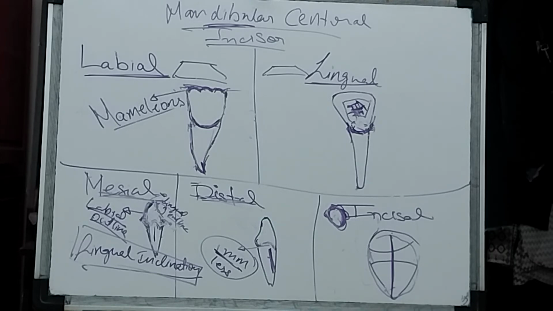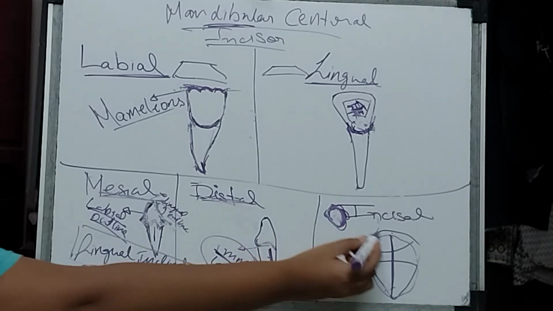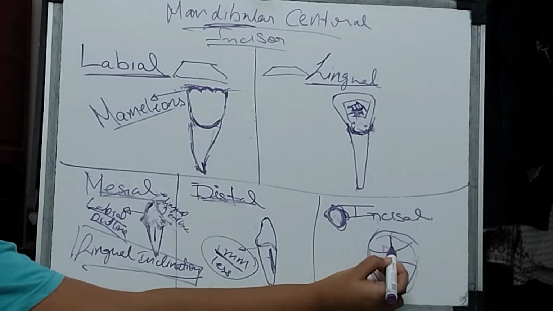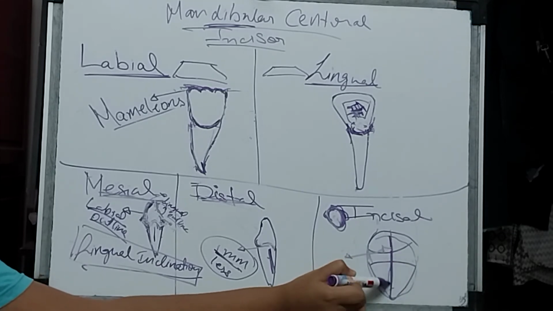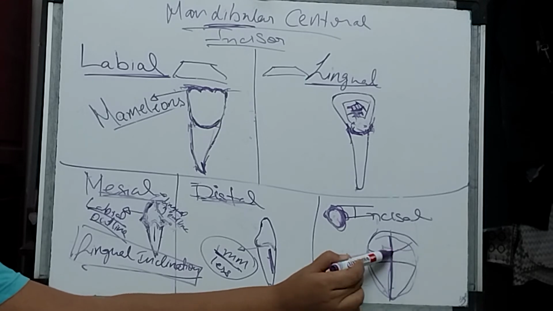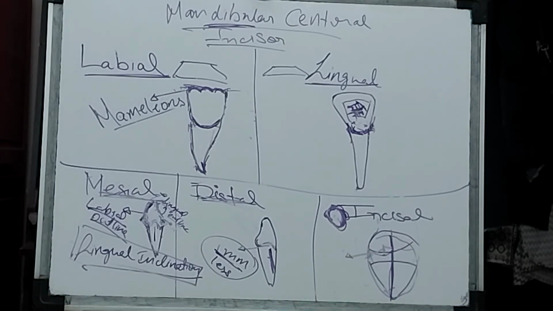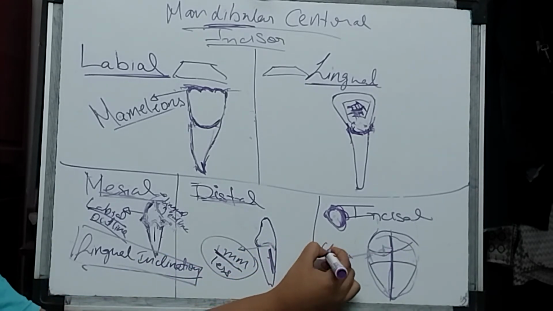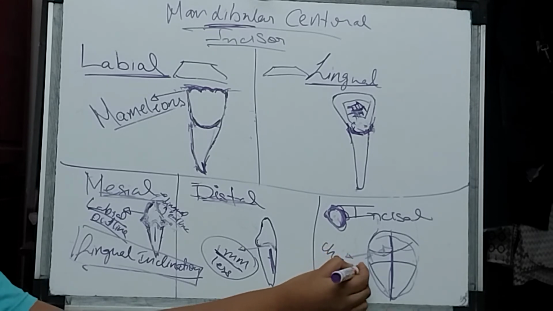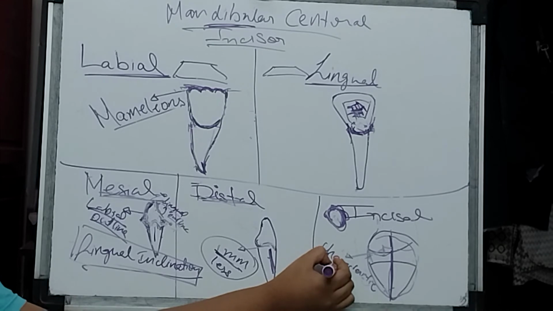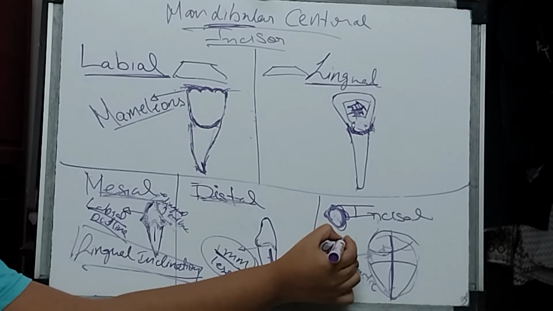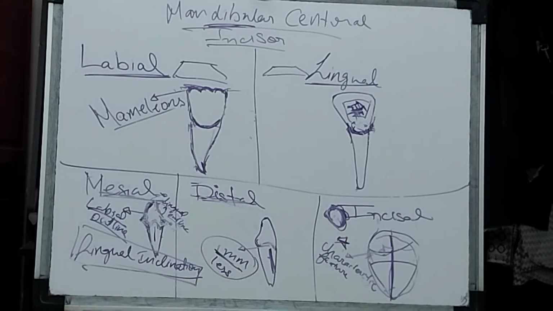What is the characteristic feature? The line bisecting the crown labiolingually is perpendicular to the incisal edge. Very important. Put a star here. So remember this.